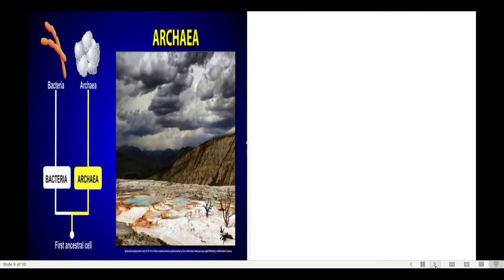Sila yung mga bacteria na hindi nagkakos ng diseases, pero nakatira naman sila sa mga extreme environment. Ano yung mga extreme environment na yan? Sobrang alat, sobrang tamis, sobrang init, sobrang lamig. Dun sila matatagpuan.